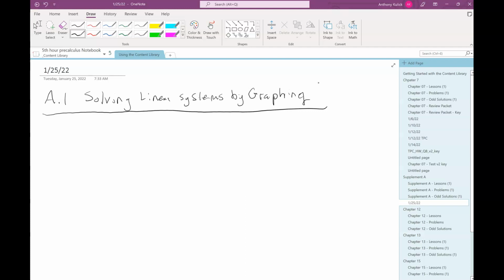We're going to start by defining what we mean by a system of two linear equations. When we say a system, it means that these two equations have to be taken simultaneously.